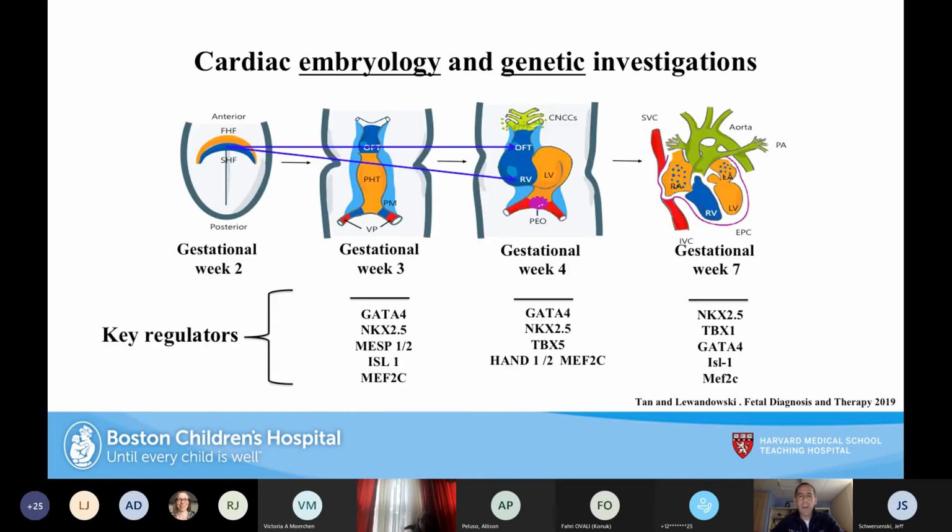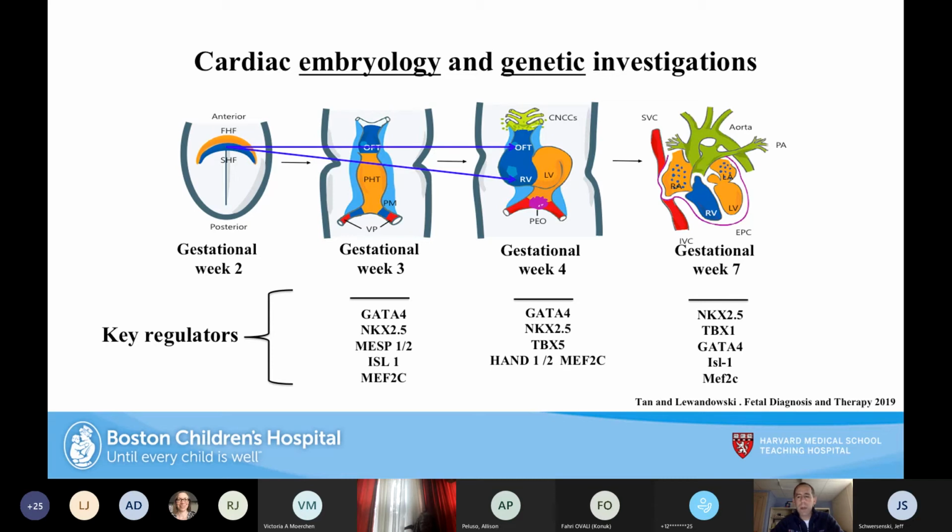There are unique genetic and embryologic key regulators from gestational week 2 to week 7 that help with the folding of the heart and the formation of the chambers and the great vessels. So any perturbations to these key regulators can lead to either congenital heart disease or an abnormal response with postnatal insults.